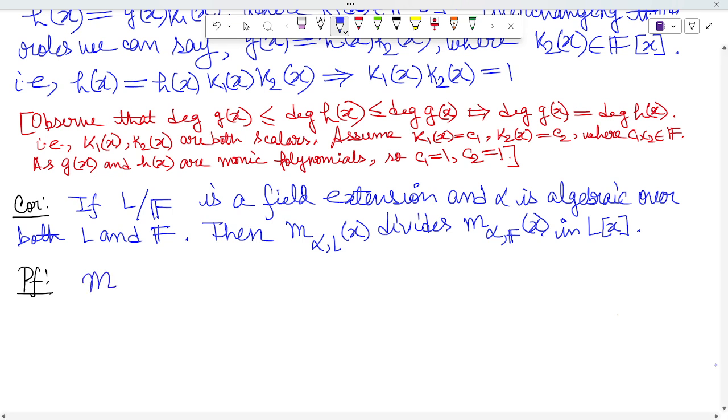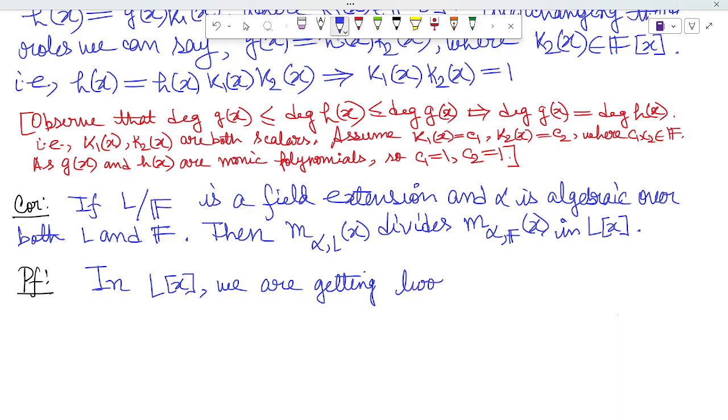See, m of alpha comma F x. In L x we are getting two polynomials.